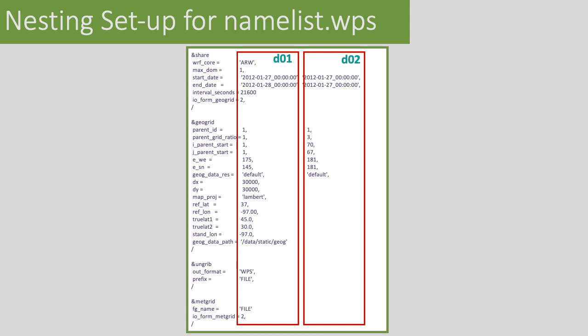You'll notice that the settings for each parameter are in column form. Here we have 2 columns which represent domain 1 and domain 2. You'll also notice that not every namelist parameter has a setting for multiple domains. These parameters are not domain dependent and should be left as only a single value. But for the parameters that have multiple settings, you'll need to set these accordingly for the purpose of running with the nest.